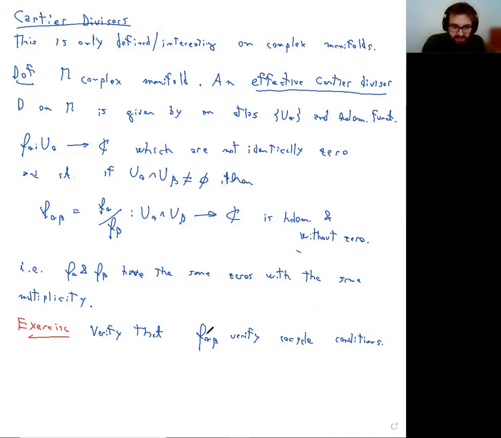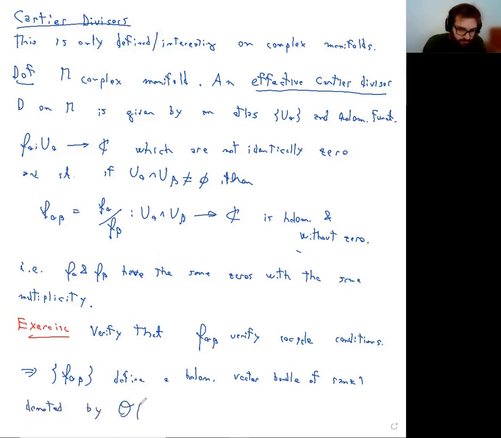Since they verify cocycle conditions, they define a holomorphic vector bundle of rank 1. So we have some maps defined on some intersections, and they verify the cocycle conditions, so they give rise to a bundle. And this bundle we call O D, where D stands for the divisor.